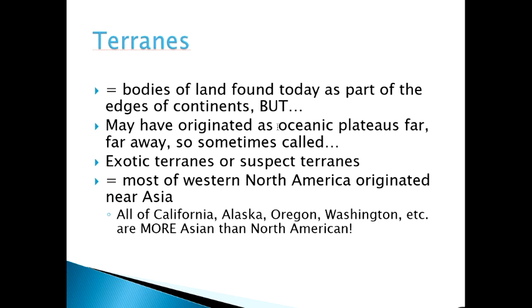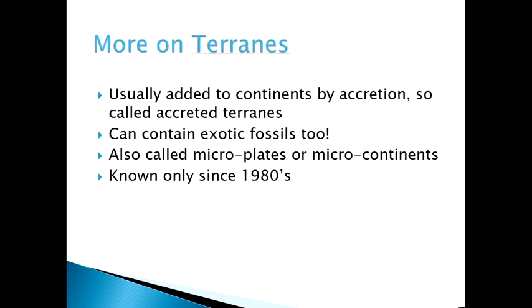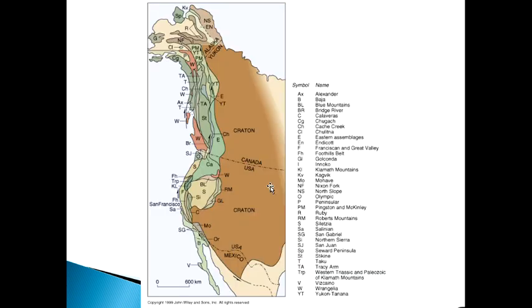And I showed in that previous slide that Asia's going to get bigger. Well, North America has already gone through this process. And in fact, this whole thing hasn't been known since the 80s, but look at this map here. This is North America as you know it, and all of these irregular little polygons with these names here are different chunks of ocean material that were added to, accreted to North America.